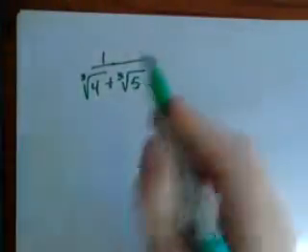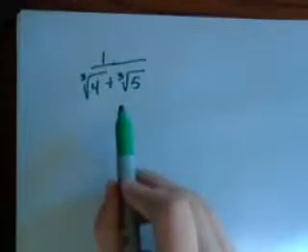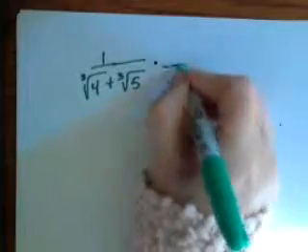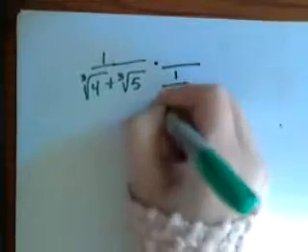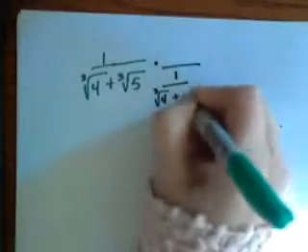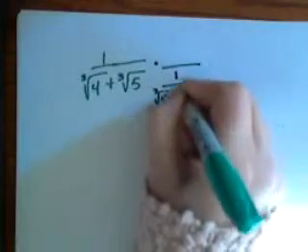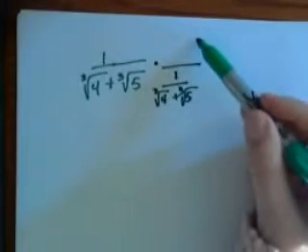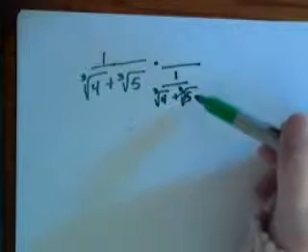Okay, there's our problem. And we know that we want to rationalize this. To rationalize it, we are going to multiply this by 1 over the cube root of 4 plus the cube root of 5. And we know that on the top of this fraction, we need to have exactly the same thing that's on the bottom, right?